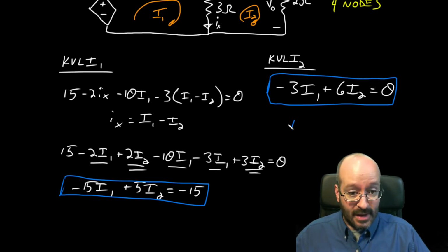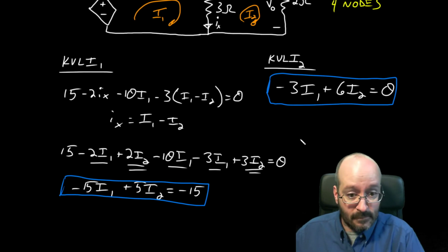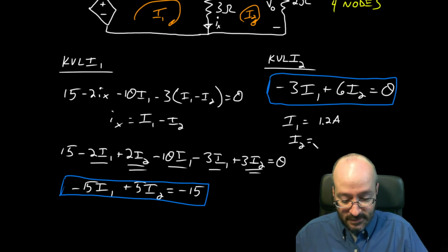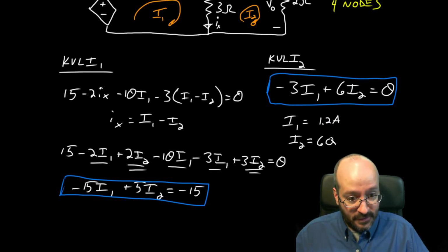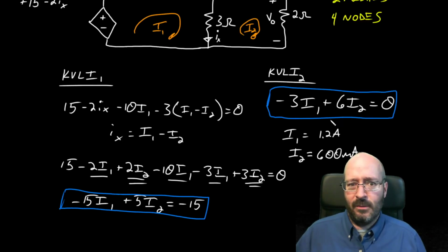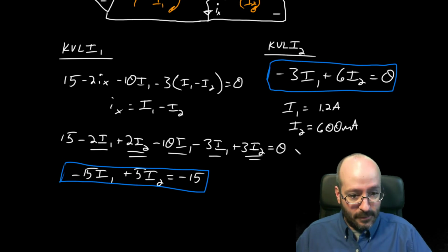So from that I get I1 is equal to 1.2 amps. I2 is equal to 600 milliamps. What are we looking for? We're looking for V out over here. Okay, so V out, give me a little more space.